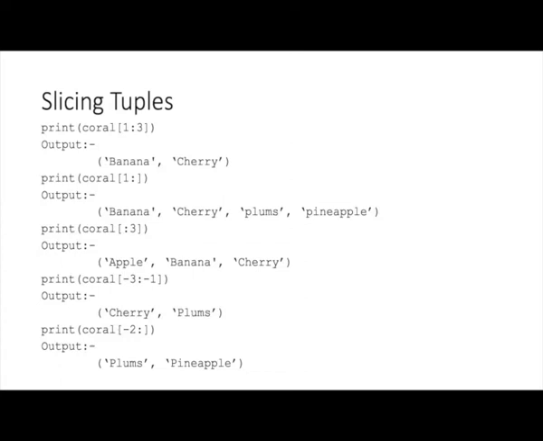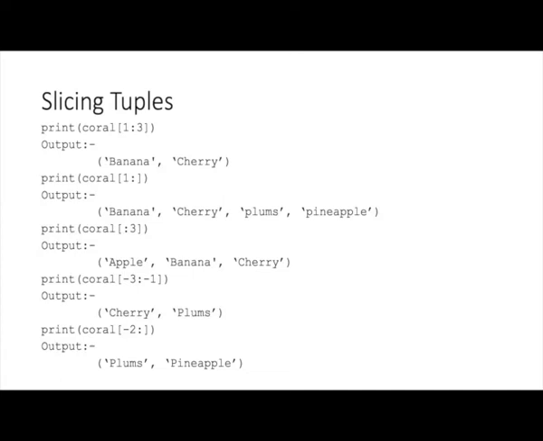That is, when I say 1:3, I refer to the index values from 1 to 3, and here you see the output: the item banana is located at index value 1 and cherry is located at index value 2. So, these two are printed.